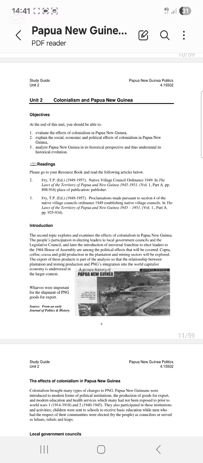New Guinea. Papua New Guinea were introduced to modern forms of political institutions, the production of goods for export, and modern education and health services, which many had not been exposed to prior to world wars. The second sentence is a very important sentence. Highlight this sentence here.